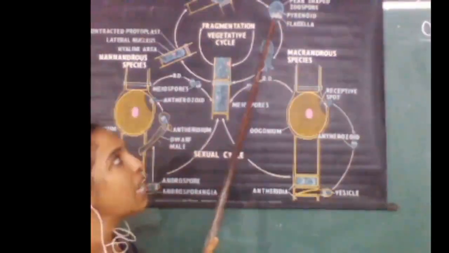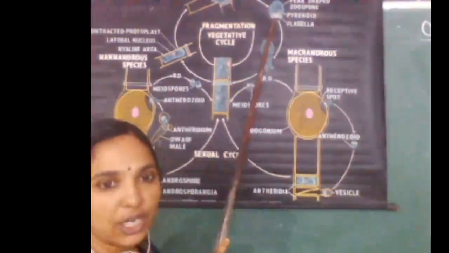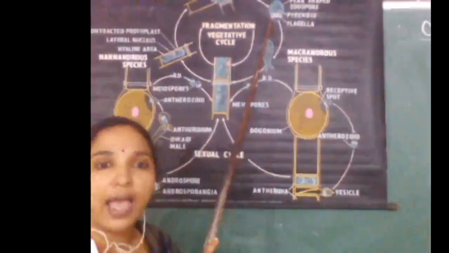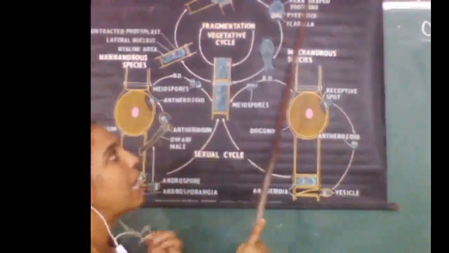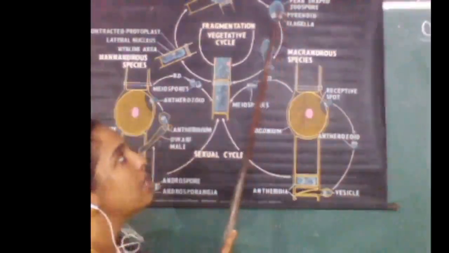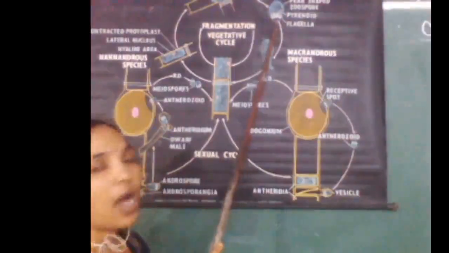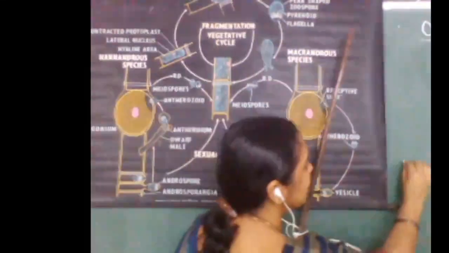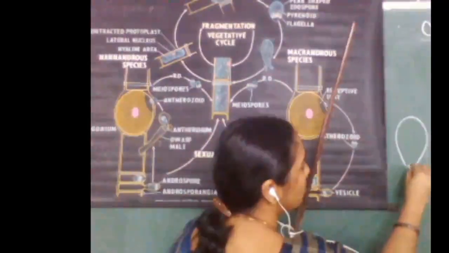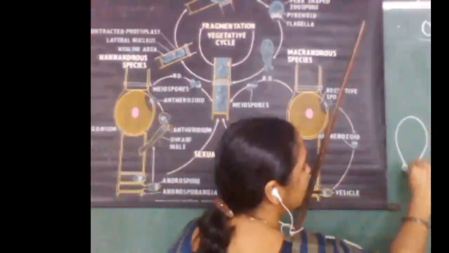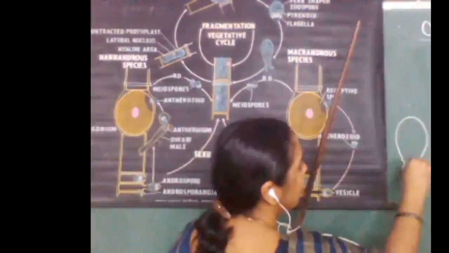The zoospore has a multiflagellate structure, with numerous flagella at its anterior end, and it is pear-shaped. They have pyrenoids and flagella. Clear? A typical zoospore is like this. Here you can see a huge number of flagella at one end, and all other parts like chloroplast and pyrenoids.